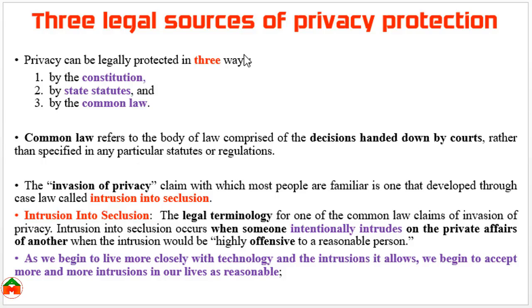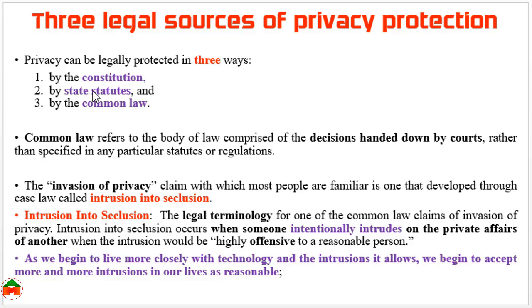Three legal sources of privacy protection. Privacy can be legally protected in three ways: by the Constitution, by state statutes, where statutes means law, and by the common law. Common law means the law arises from the decisions handed down by the courts.